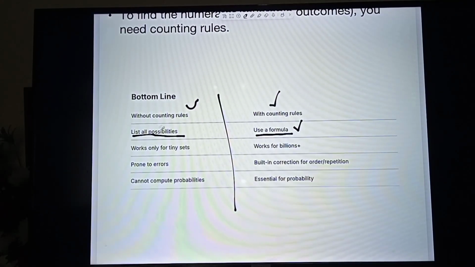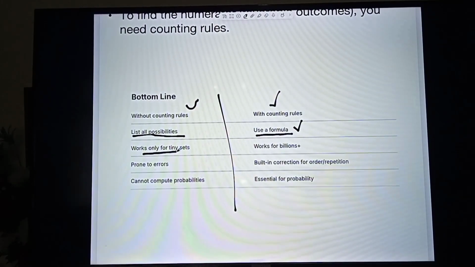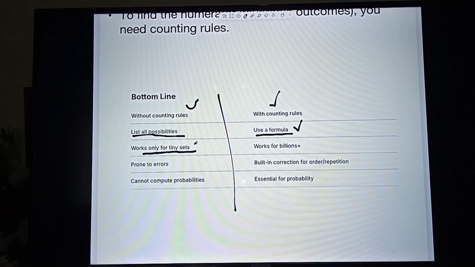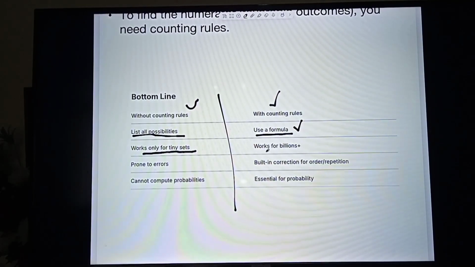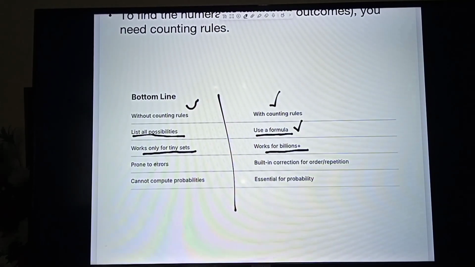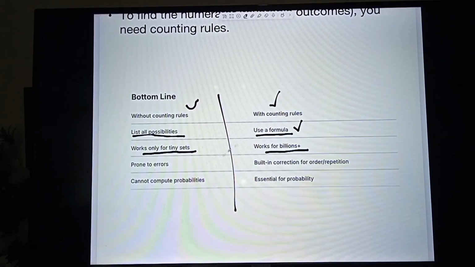Without counting rules, you can solve tiny sets only, but with counting rules it works for many more things.